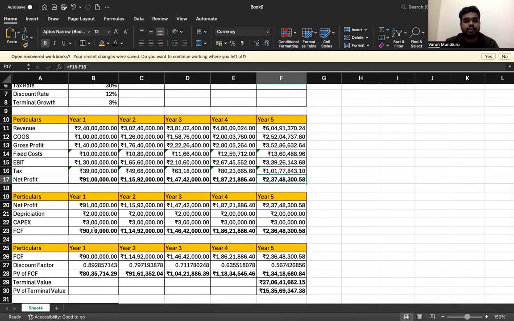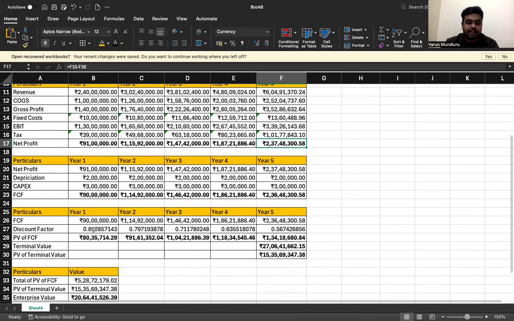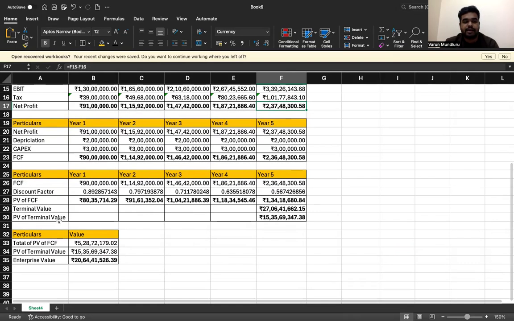Also, we found out the free cash flows, and then we used a DCF model to find the present value of FCF and also the present value of terminal value. From these, we found out the enterprise value or the fair worth of our company.